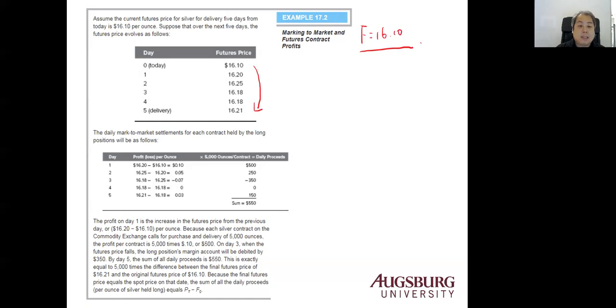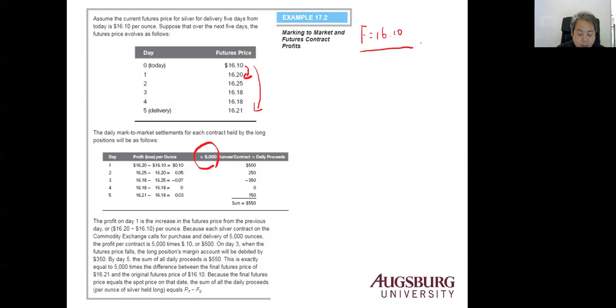Now let's see daily values. So suppose you have a 5,000 ounce contract. Means that per ounce, you have a 5,000 ounce contract. First day, the price increased by 10 cents, right?